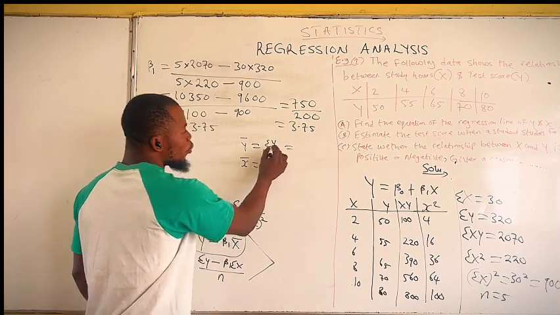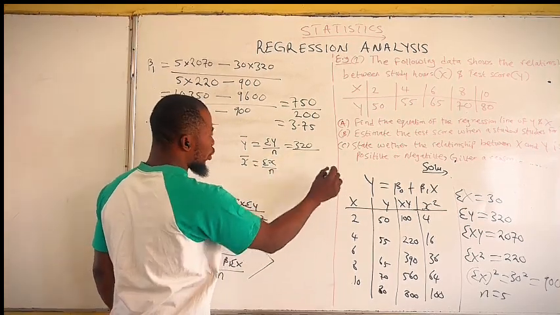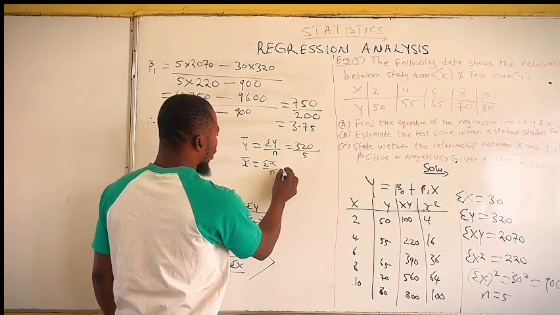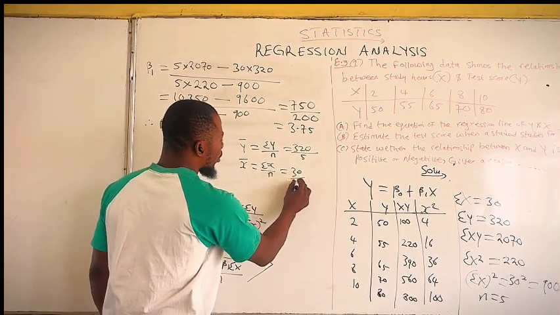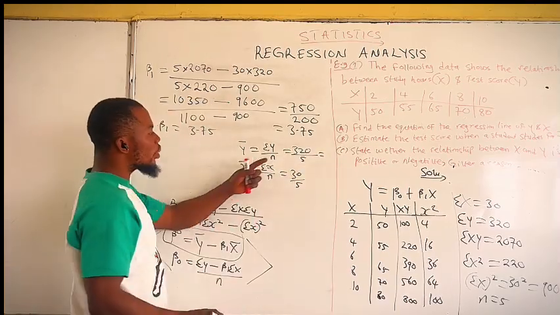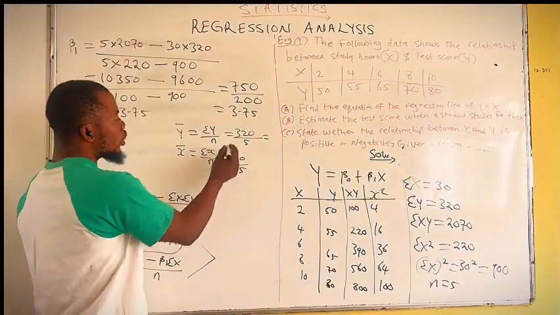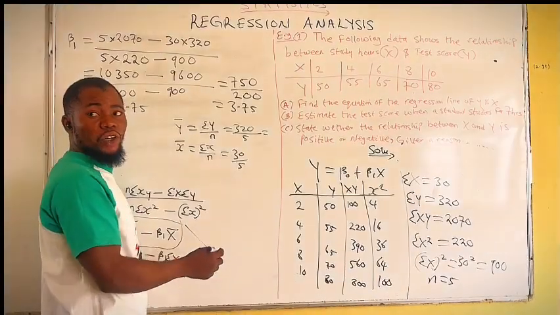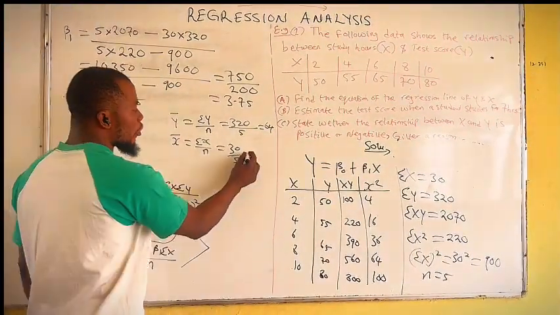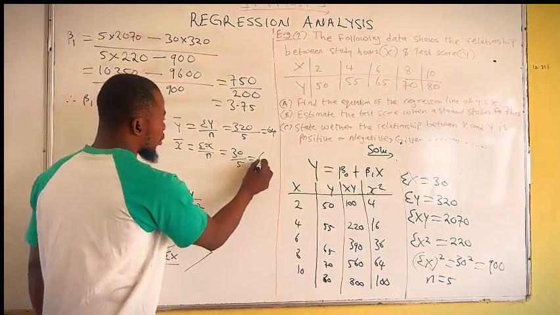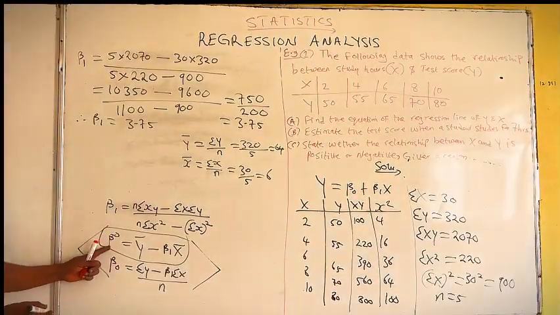Summation of y is 320 divided by n, which is 5. Summation of x is 30 divided by 5. So 320 divided by 5 will give us 64, and 30 divided by 5 will give us 6. So we can now use this to solve for our beta naught.